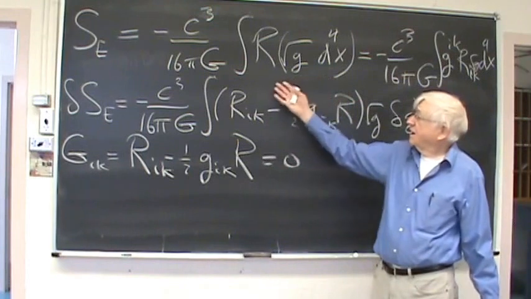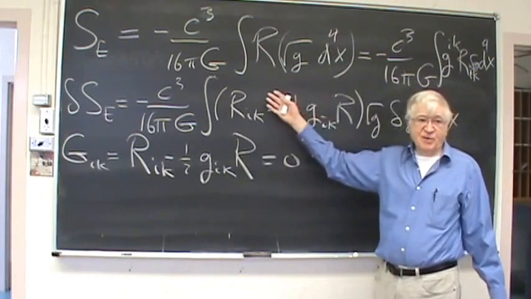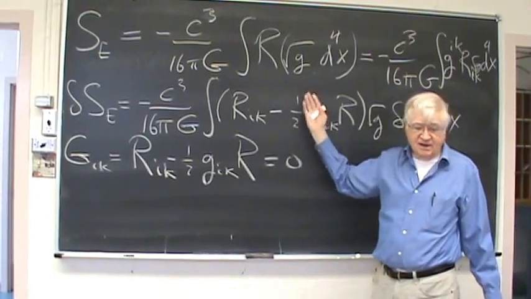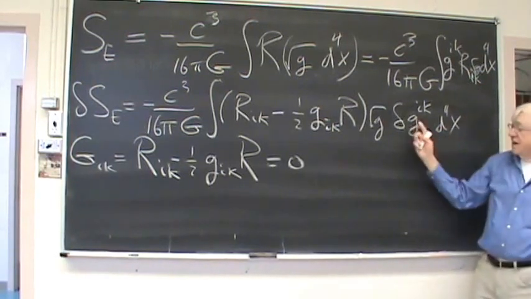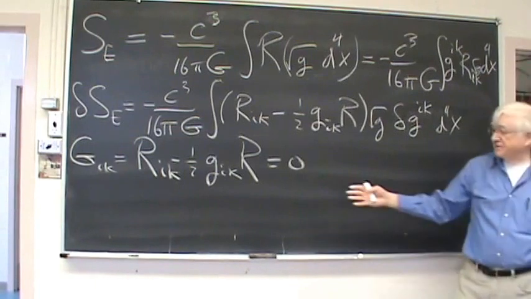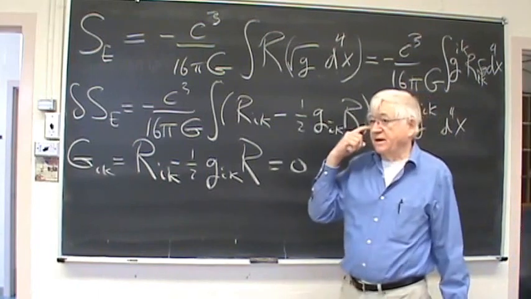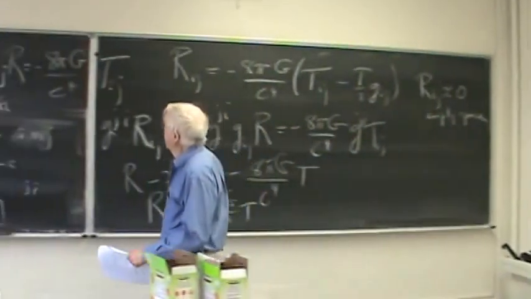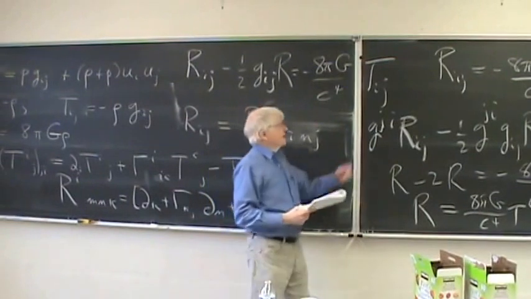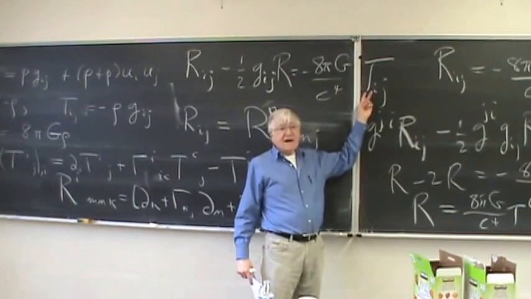So it's kind of obvious that once you have Einstein's point of view, this has got to be the action. And if you then carefully vary G upper ij, you find that you get the field equation that I wrote down originally. It's this field equation for no energy momentum tensor, because of course we didn't put any matter into the action.